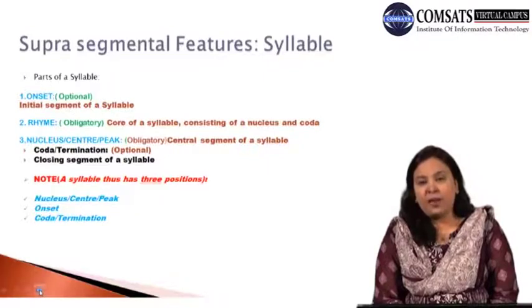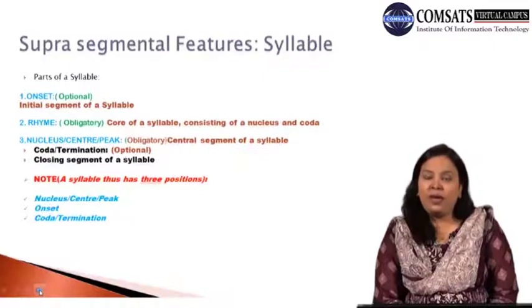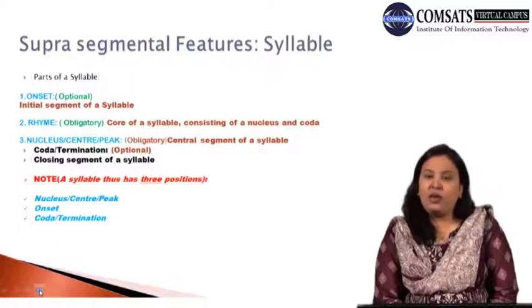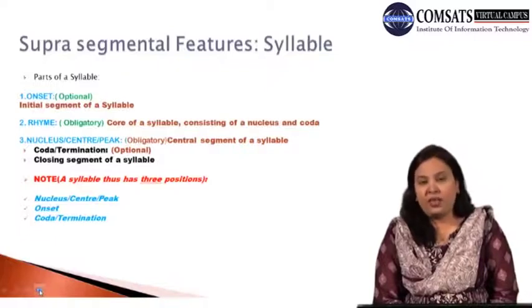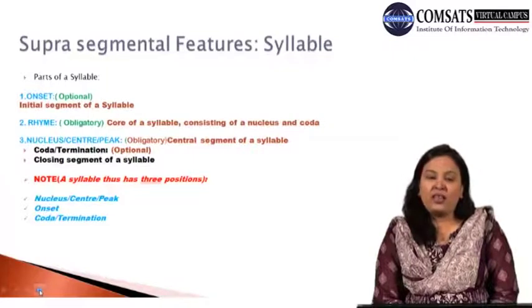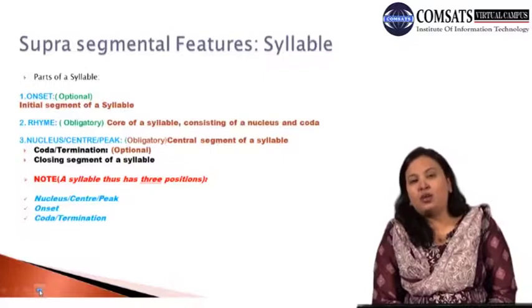Then the second part is known as the rhyme, and it is the obligatory part of the syllable. This obligatory rhyme part is the core of a syllable, consisting of a nucleus and coda. So initially we have 2 parts: the onset, the beginning, and the later part, the rhyme.